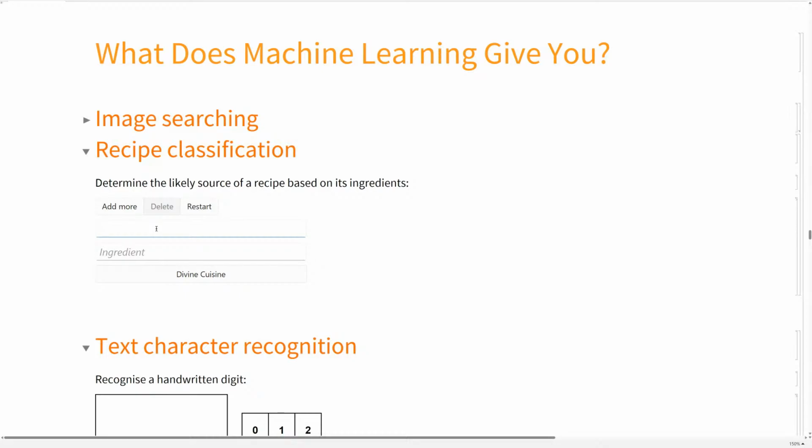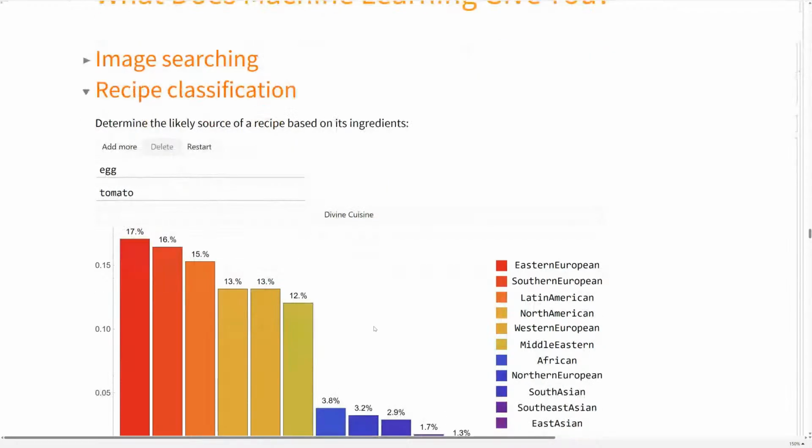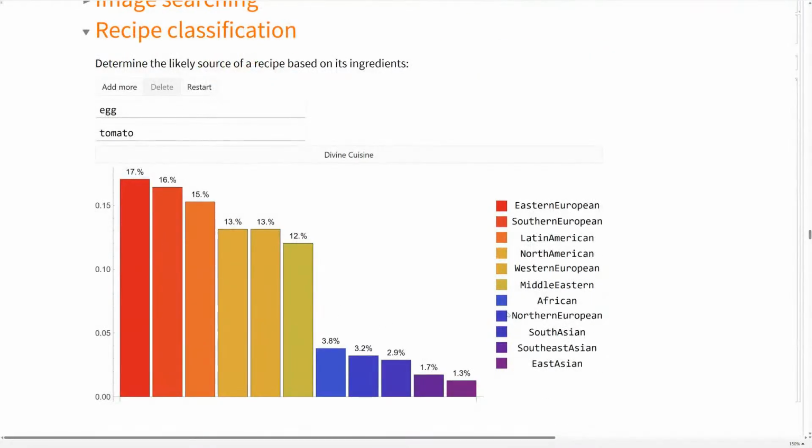Let's say egg and tomato. Because this one is pretty generic, let's see what we're getting. The chances of the top 5, top 6 are almost the same.